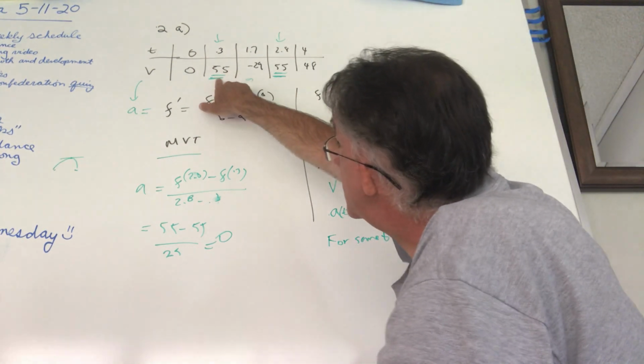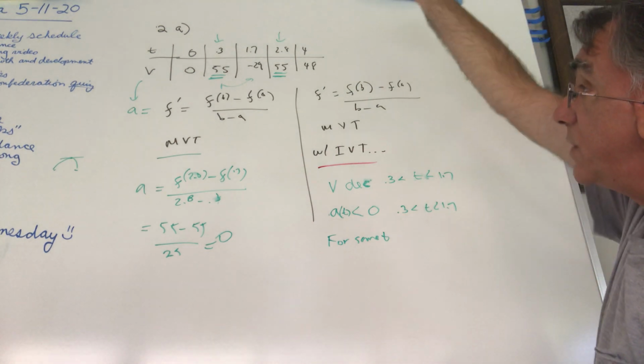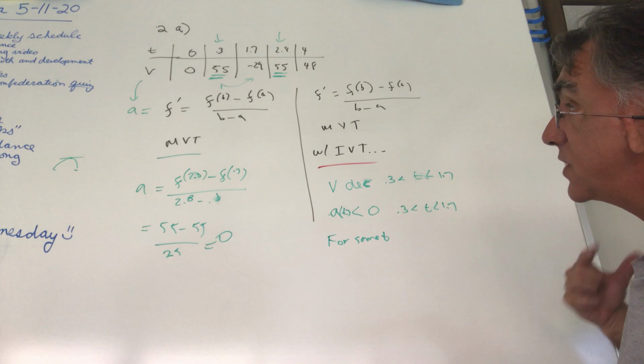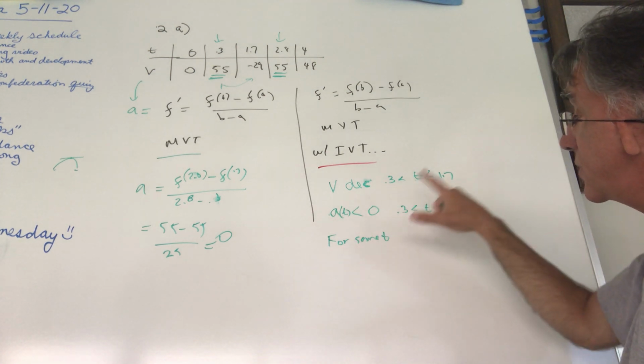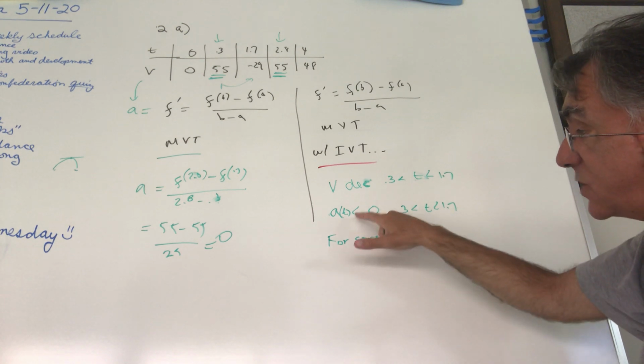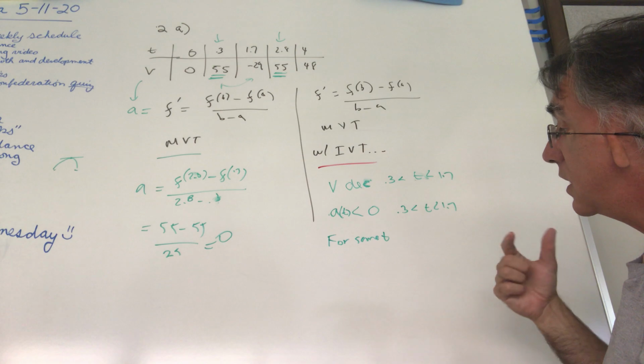Since the velocity went from 55 to negative 129, the average rate of change, or the average acceleration, is less than 0. That doesn't mean that it's always less than 0, but for at least one value of t, the acceleration would have to be negative.